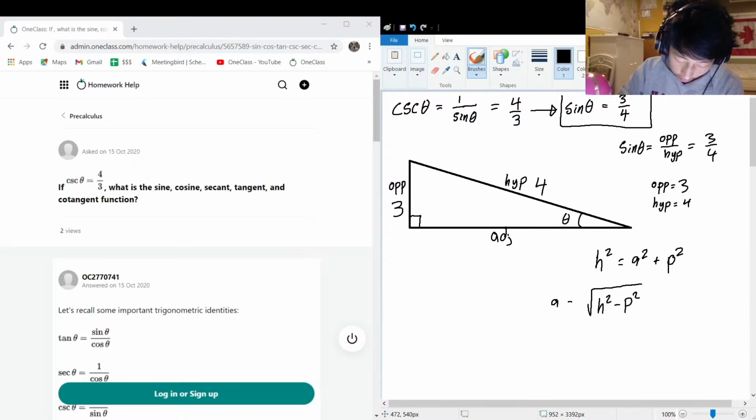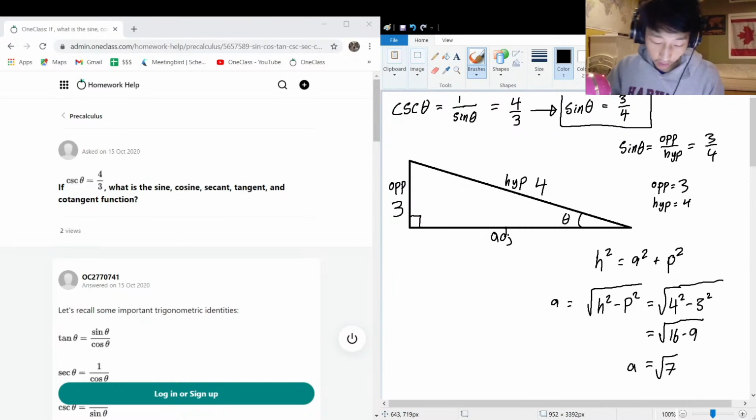In this case, that's 4 squared minus 3 squared, so the square root of 16 minus 9, the square root of 7. So the adjacent is going to be the square root of 7.